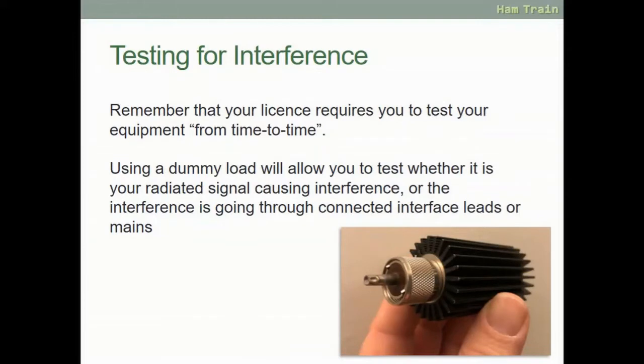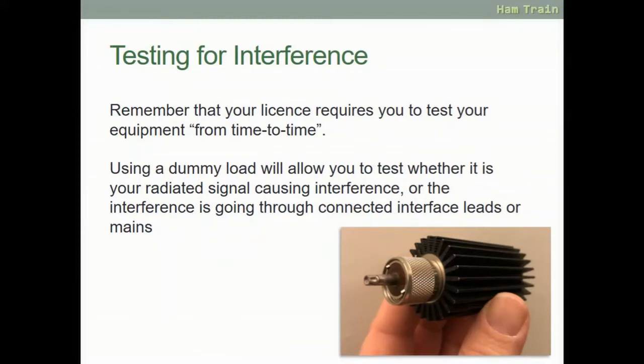And what that will do is when you transmit, essentially, you've cut out the antenna, and although it's safe for you to transmit, the signal isn't going anywhere. So that will then tell you if the interference you're causing is radiating from your antenna, or if it's going through the mains, or if it's radiating through another cable from your system.